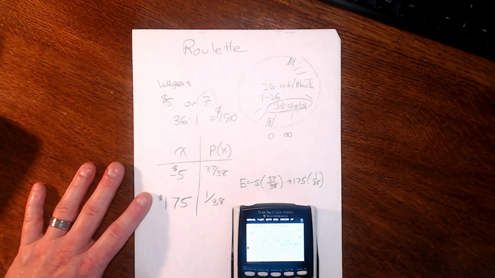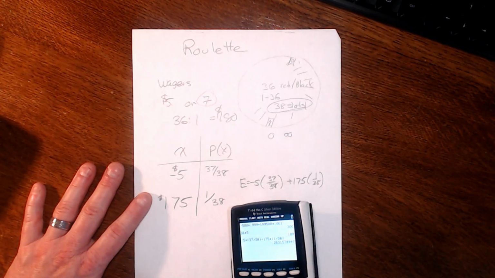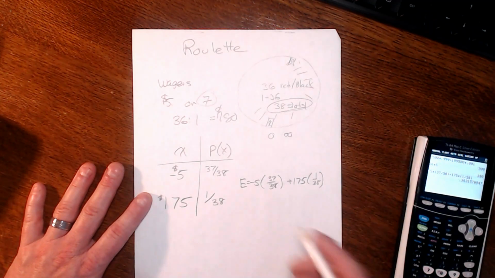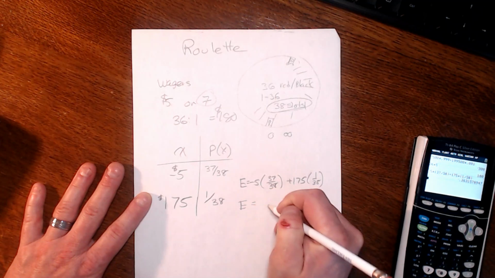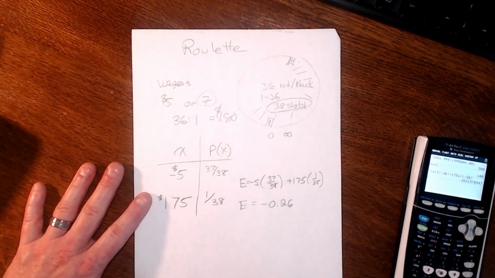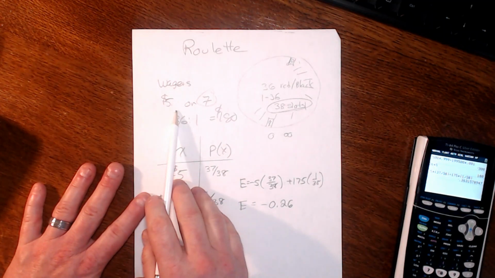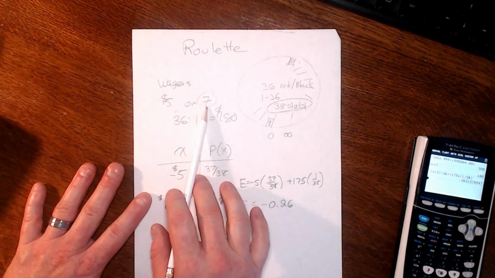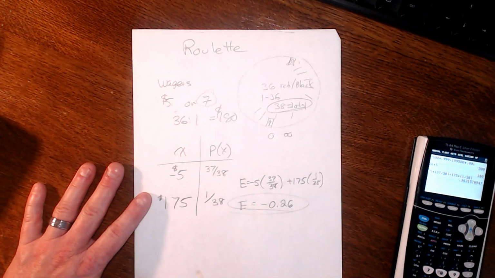And I make a whopping negative 0.26. So this means that for every wager of this type where a person places a $5 bet on a single number, the casino on average is going to make 26 cents on a $5 bet.